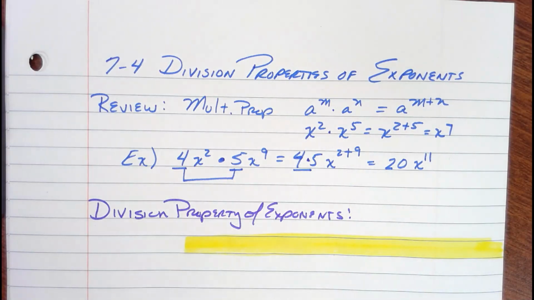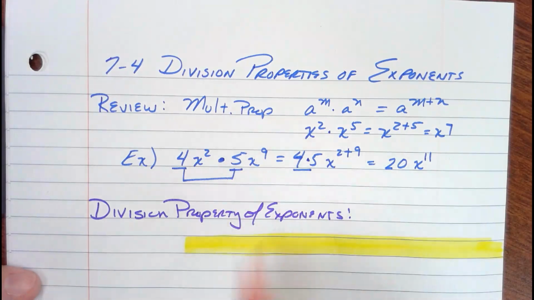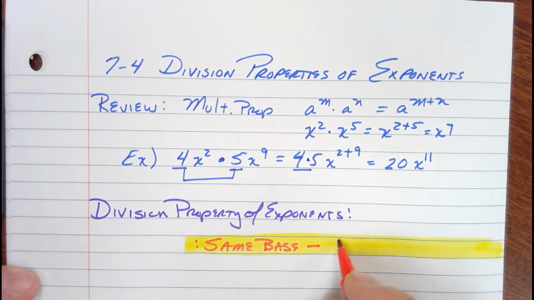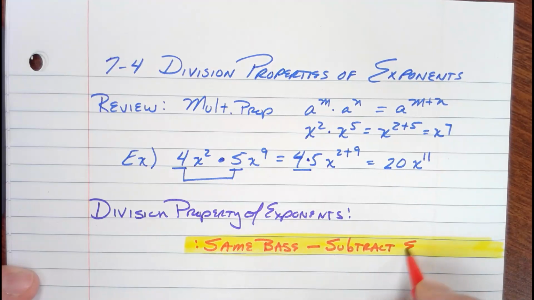Again, up here with the multiplication, if I have the same base, I added the exponents. So the division property is going to be the same base, subtract exponents.